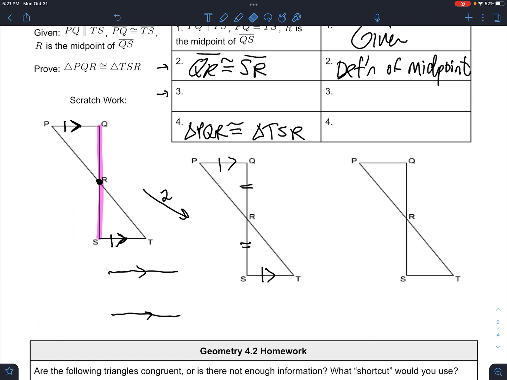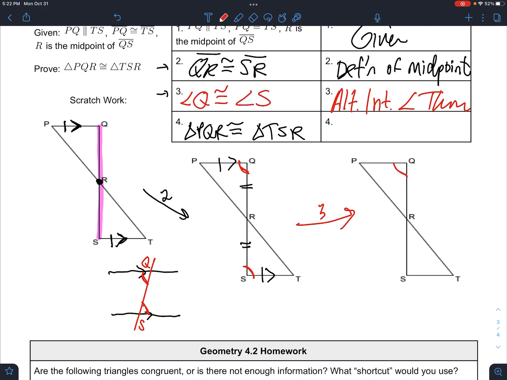So even though those are the same, I'm actually more interested in what happens when we draw QS, right? And I think that these would be congruent as well because those are alternate interior angles. That would be angle Q and S.